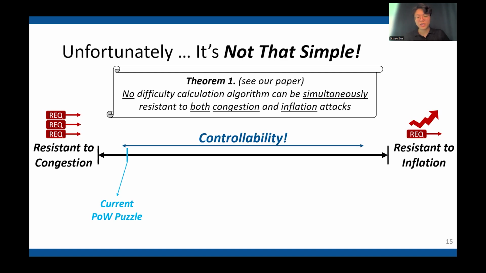So, we decided to have a single security parameter that allows us to control between the two properties, resistance to congestion and resistance to inflation. Then we found a sweet spot that nicely balances these two.